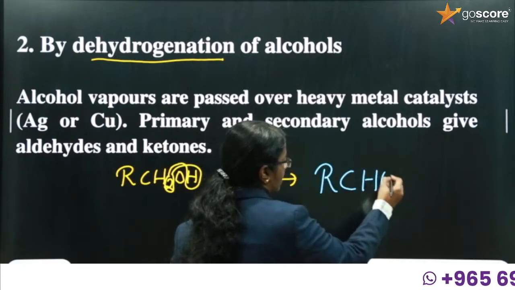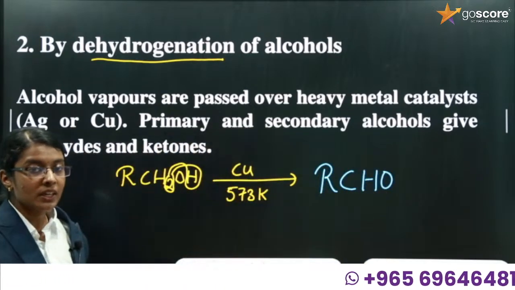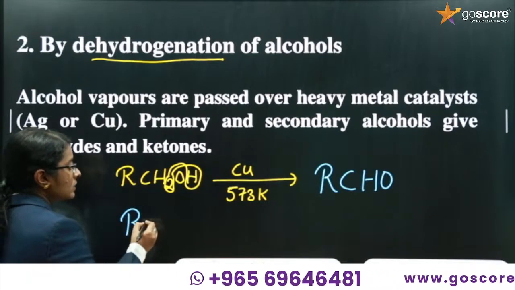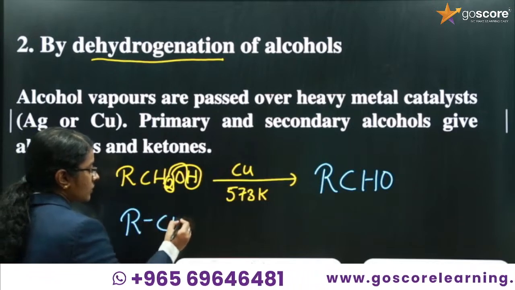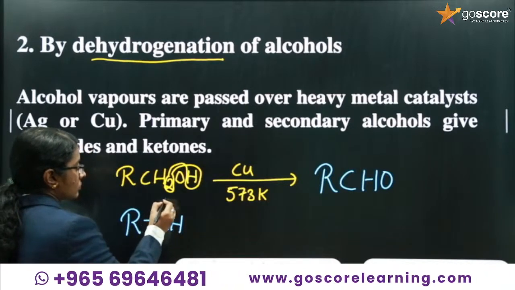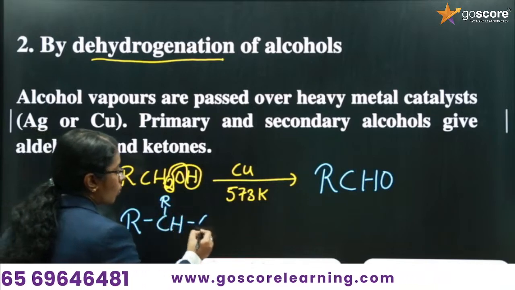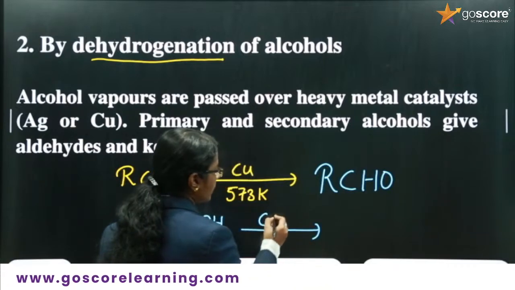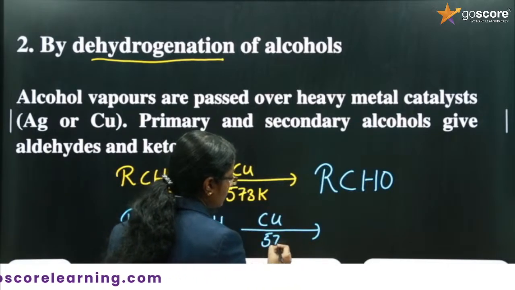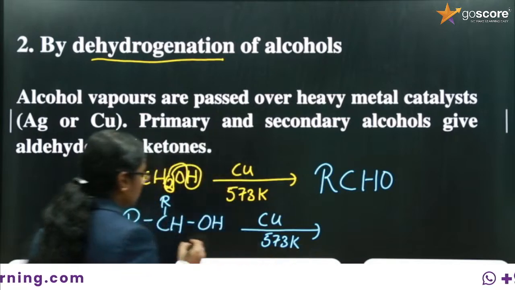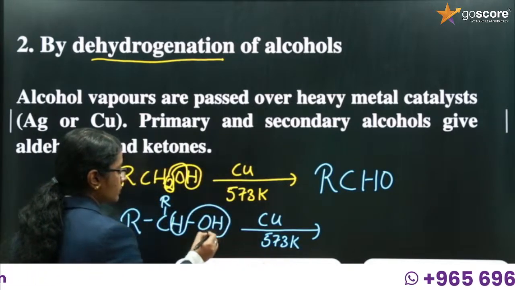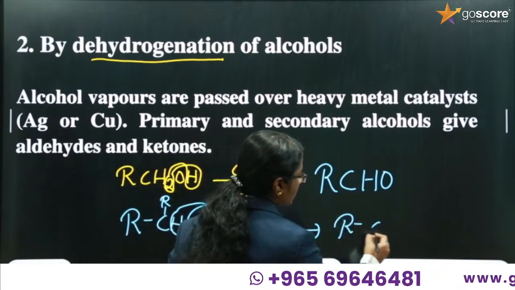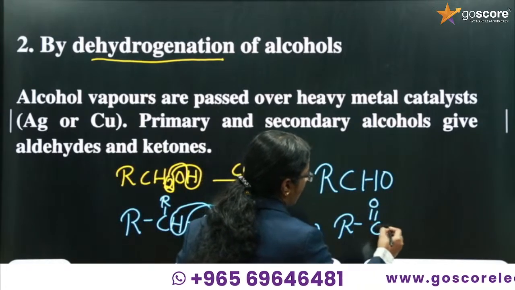So this is primary alcohol. If you are taking secondary alcohol, R-CH(OH)-R in the presence of copper at 573 Kelvin, remove the hydrogen and you will get R-C(=O)-R.